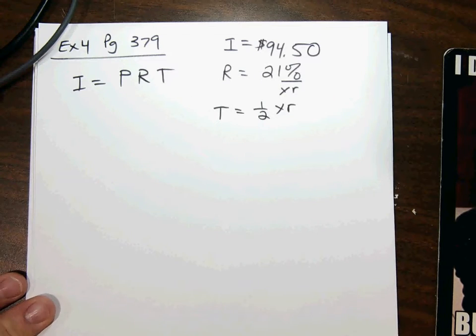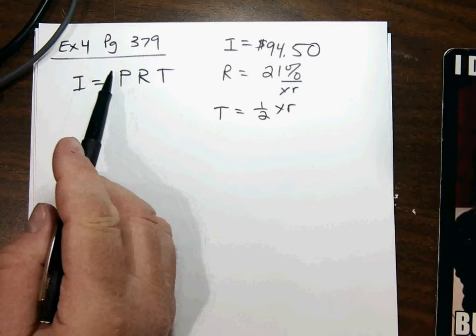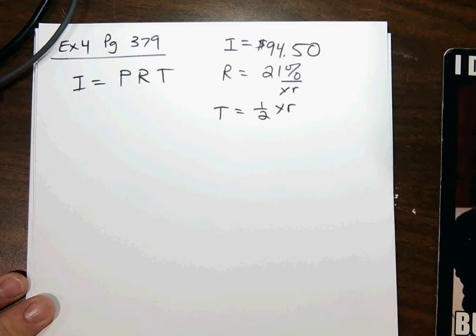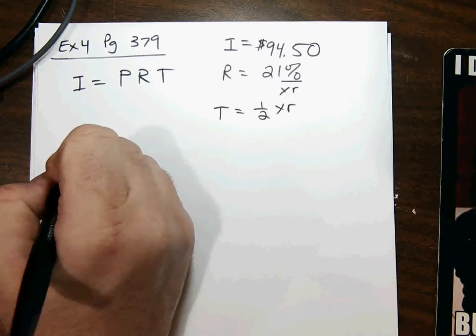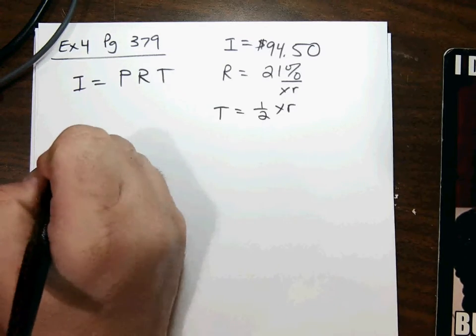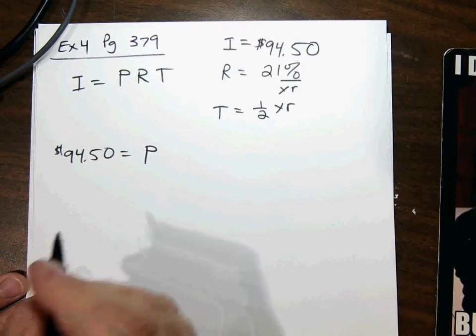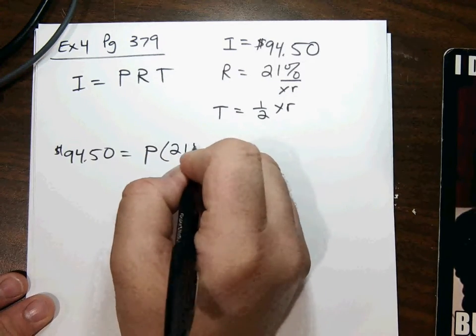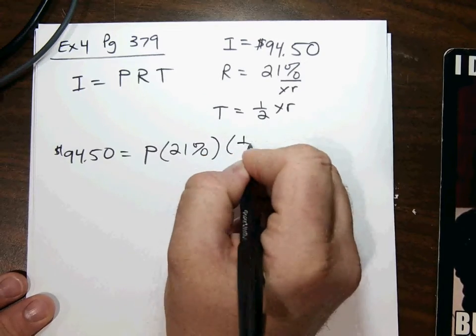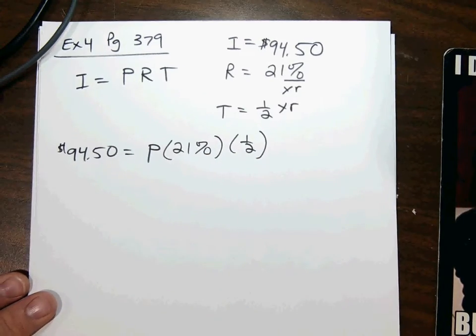Otherwise, there we go. The only unit left is dollar signs for interest and for principal. The years cancel, so it looks pretty good here. So $94.50 equals some principal that I don't know, that's what I'm looking for, times my interest rate, which is 21%, times my time, which is 1/2 of a year.